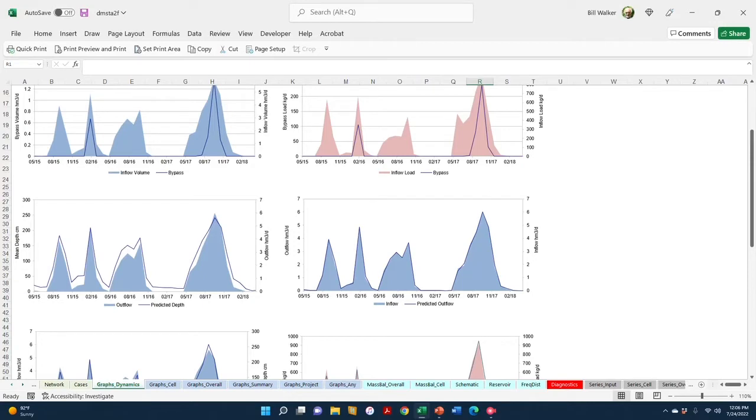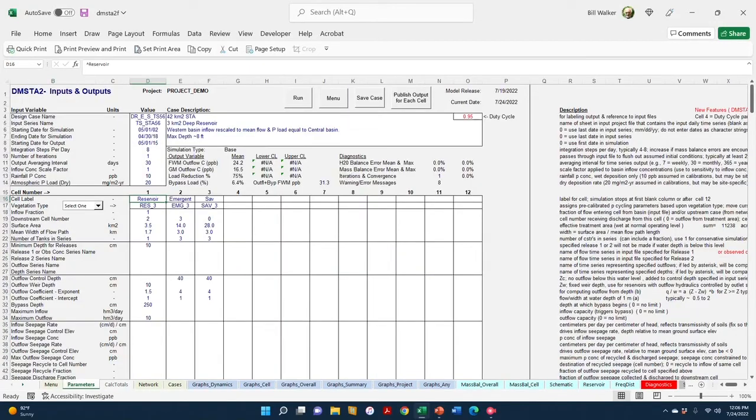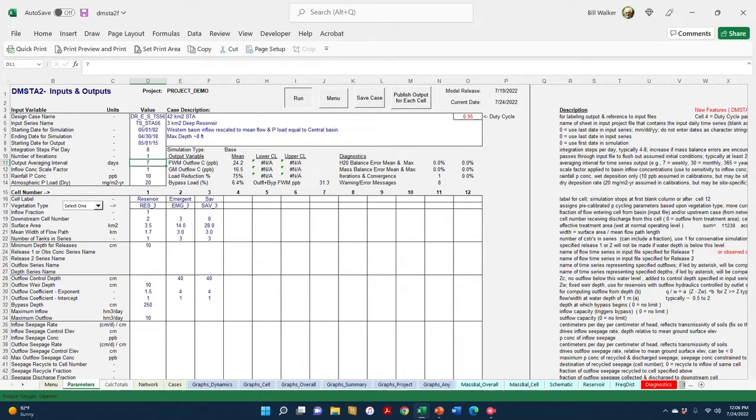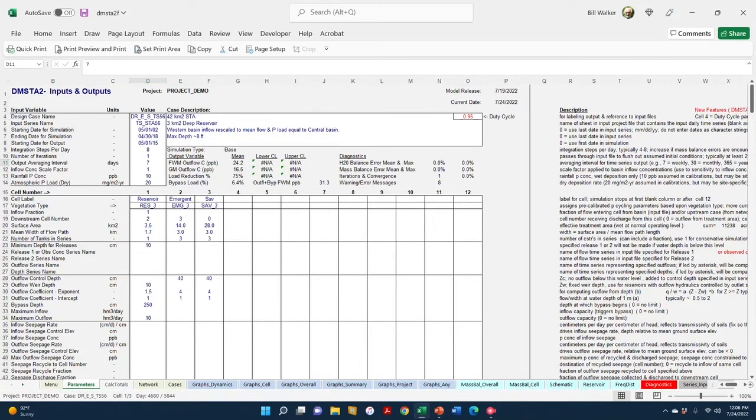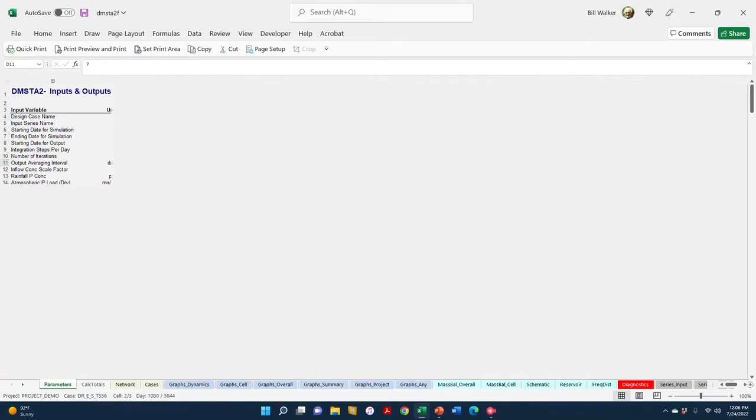I guess it would be interesting to show what the time series looked like if you select a shorter averaging period. So let's have a weekly output, 7-day averaging interval.